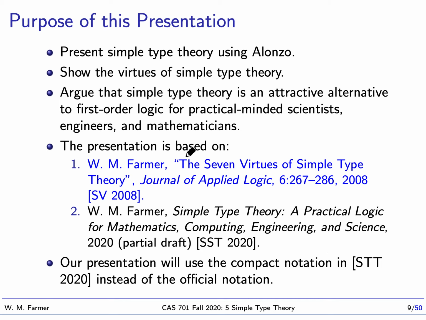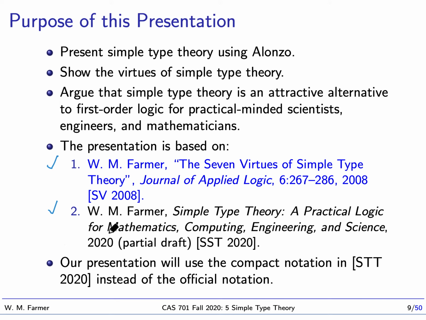Now, the presentation will be based on two works: this journal paper, The 7 Virtues of Simple Type Theory, and this textbook, Simple Type Theory: A Practical Logic for Mathematics, Computing, Engineering, and Science. The textbook is only partially written, but it covers most of what we're going to be discussing in this course.